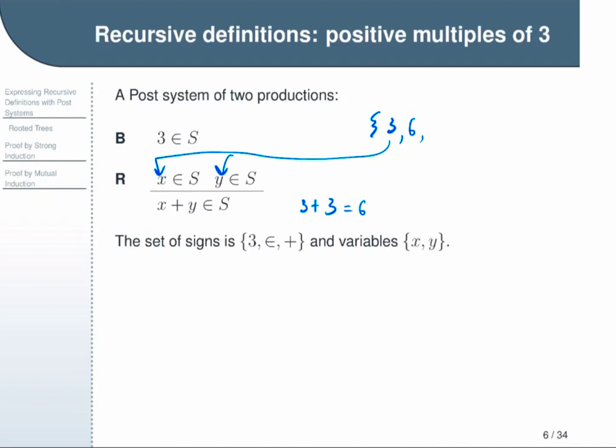Now I can do it again, and the second time through I might choose 3 and 6, so then I would have 3 plus 6 is also in the set. And by repeating this rule, I discover more and more of its elements.